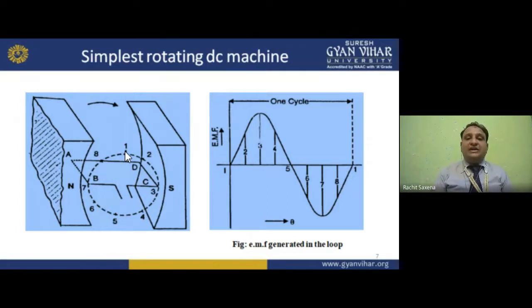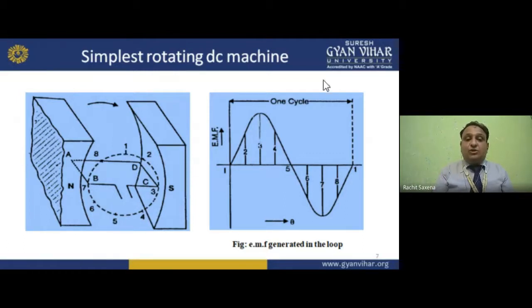Alternating current: if we are getting positive and negative half cycles in both cases, it means I am getting alternating current. So in a DC machine, we basically have alternating current in production, if I am applying Faraday's law of electromagnetic induction.